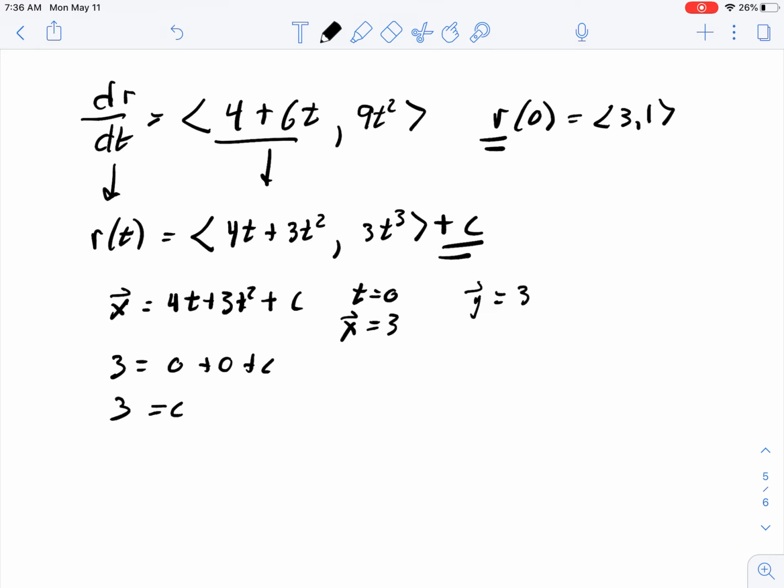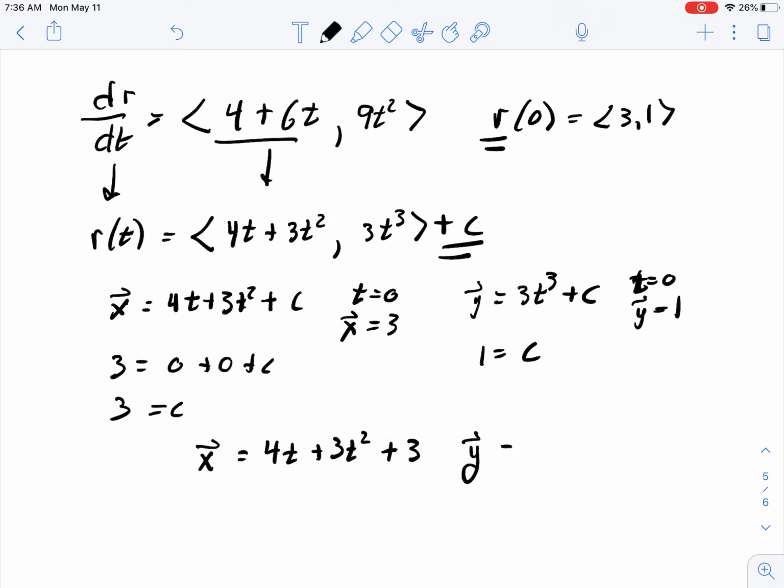Likewise, my y component is 3t cubed plus some constant. At time 0, my y component is 1. So 1 equals c. Put all this back together. My x component is 4t plus 3t squared plus 3, and my y component would be 3t cubed plus 1.